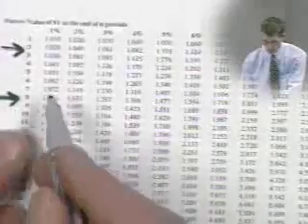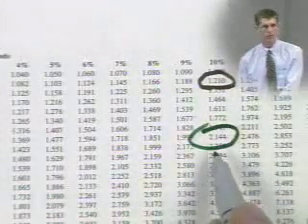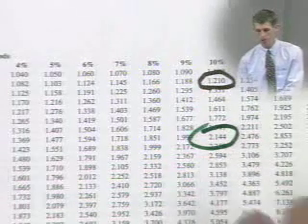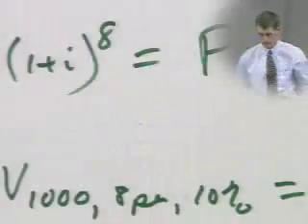So we go across. Okay, so we're going down here to period 8. We're going across 8 until we get to 10%. I get 2.144. Does everybody agree with me?